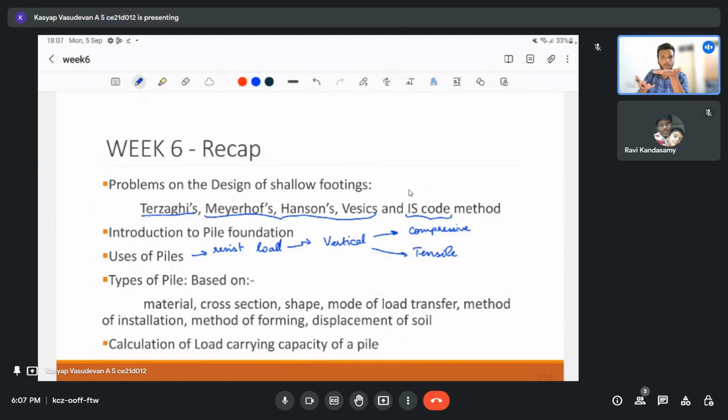At the base of the structure, if there is a wind load acting like this, there's a chance of uplift in this area, and that uplift pressure has to be resisted. Those piles which resist this uplift are called tension piles. And when I say load, it can be horizontal also, or inclined. Inclined is nothing but we can resolve it into horizontal. So with horizontal loads, we get laterally loaded piles.